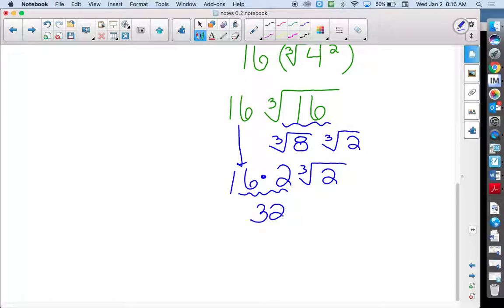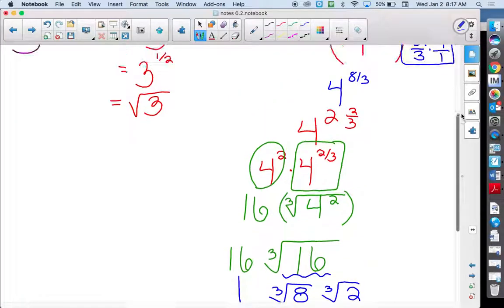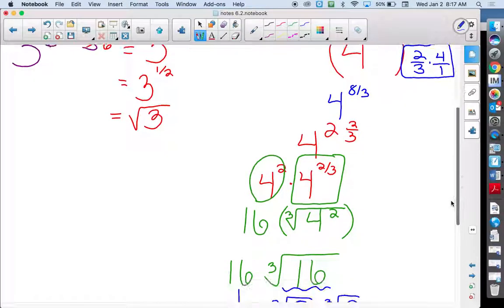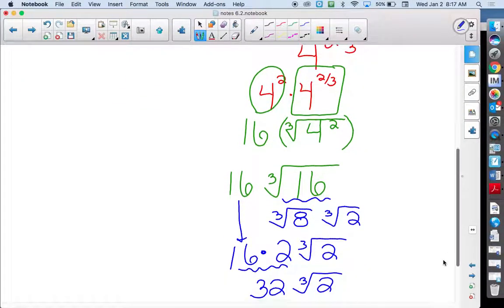And this becomes 32 cube roots of 2. So one little problem ended up having a couple of steps involved in it. So we broke down the fraction in the middle, we distributed, and then it's just continuing to break down.